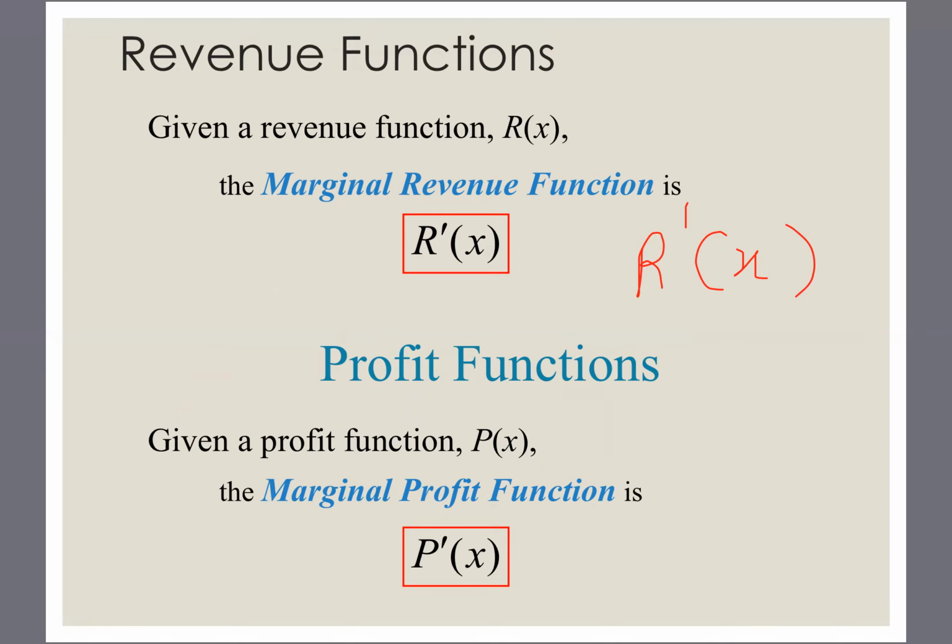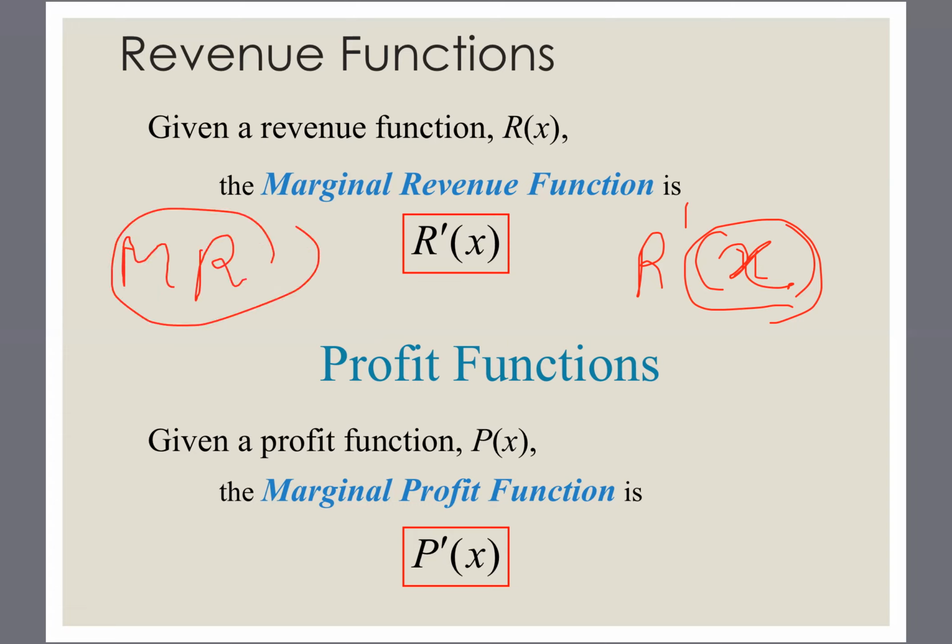And here also remember why we use x, because our function's unknown variable should be represented via the x, right? And also we can write MR for the marginal revenue.